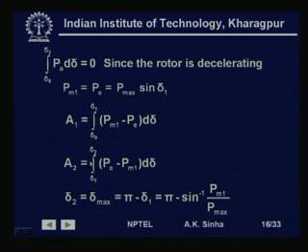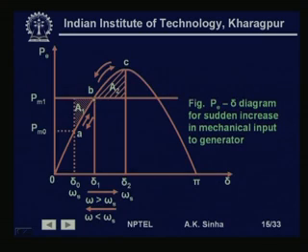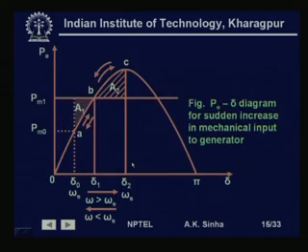Similarly, we have decelerating area, which will take place when the angle delta goes beyond delta 1. So, as it goes beyond this, P E is more than P m 1. So, there is deceleration which takes place, and this area is from delta 1 to delta 2 P E minus P m 1, because here if you see P E is greater than P m 1. So, we are writing this as decelerating area.